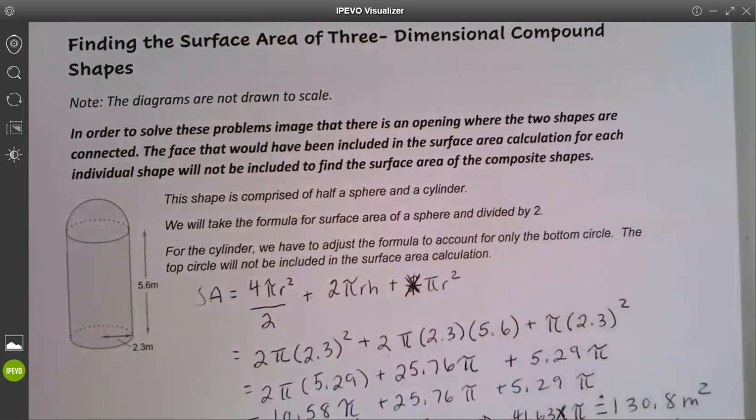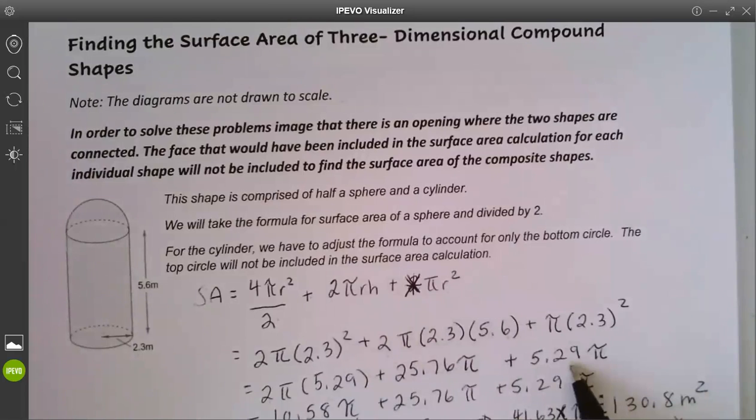Now it's a matter of following order of operations. So I'm going to take care of all the exponents first. So 2.3 squared gives us 5.29. In this case, I'm multiplying the 2, the 2.3, and the 5.6 to get 25.76 times pi. And again, the 2.3 squared is 5.29.